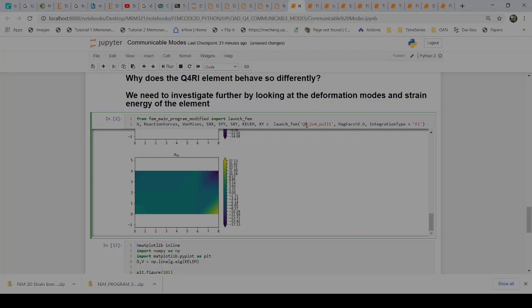If I think about the unconstrained element, there must be some rigid body modes associated. For a fully integrated element, the rigid body modes I expect to see in the 2D planar case are translation in X, translation in Y, and some rotation. So I expect to see 3 rigid body modes. The rotation is a very small angular rotation, and I would still like to see that there's no energy associated with very small angular rotations.